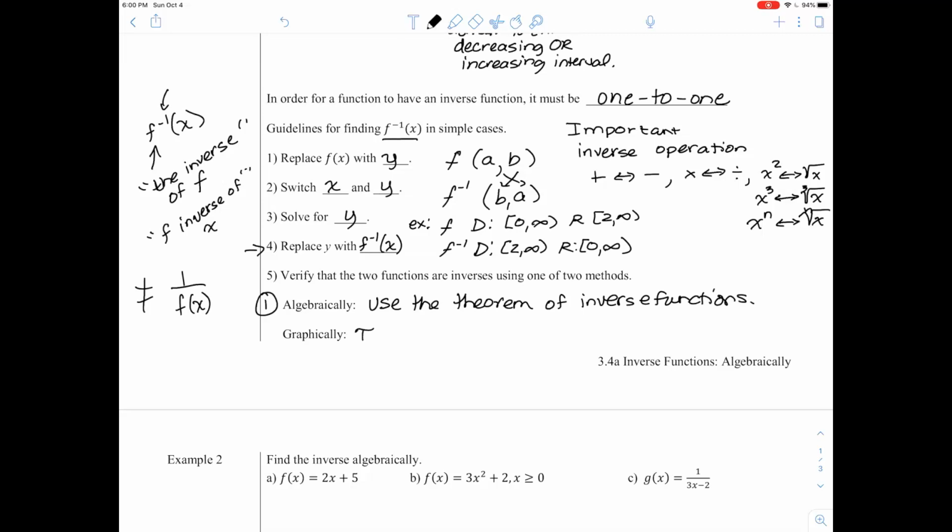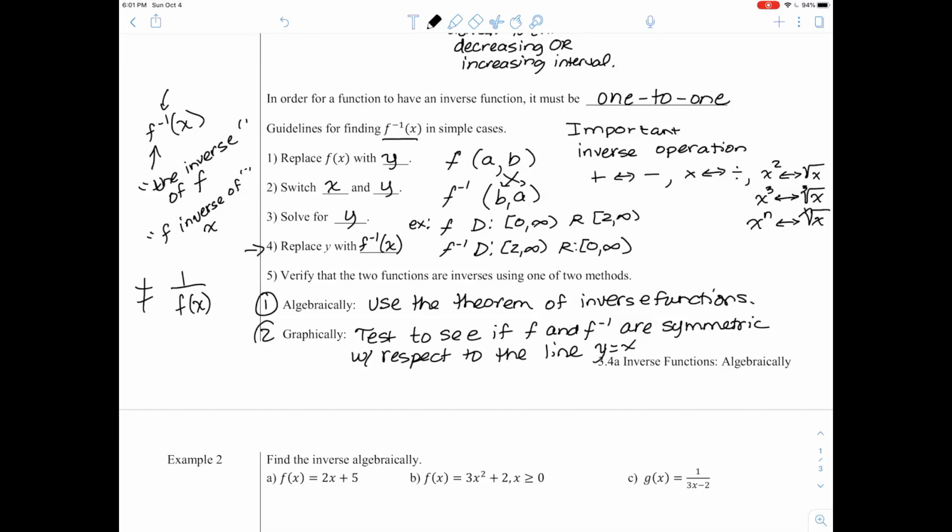Graphically, we would do a test to see if the function and the inverse function are symmetric with respect to the line y equals x. And we will talk about that tomorrow.